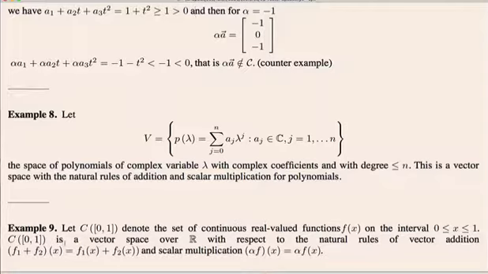What we have is that C01 is a vector space over R with respect to the natural rules of vector addition. When functions are added, the sum function is evaluated at x as the sum of the values of f1 and f2 at x. And also the scalar multiplication defined as alpha times f function evaluated at x is just alpha times f of x.